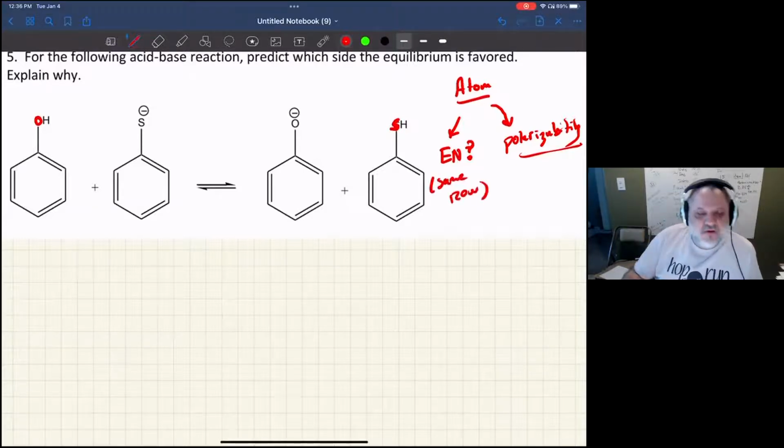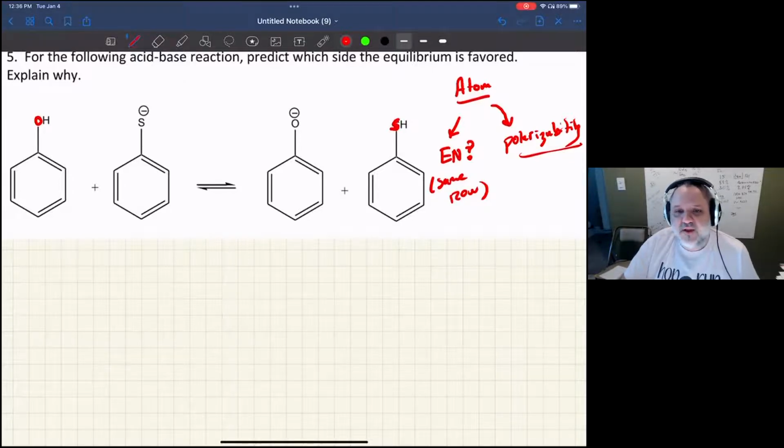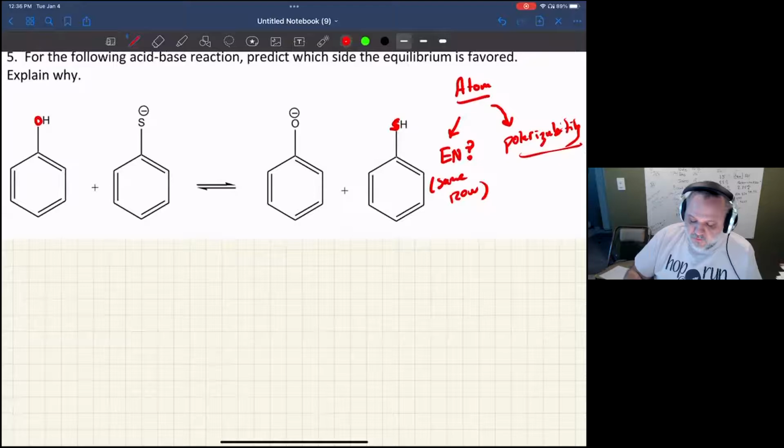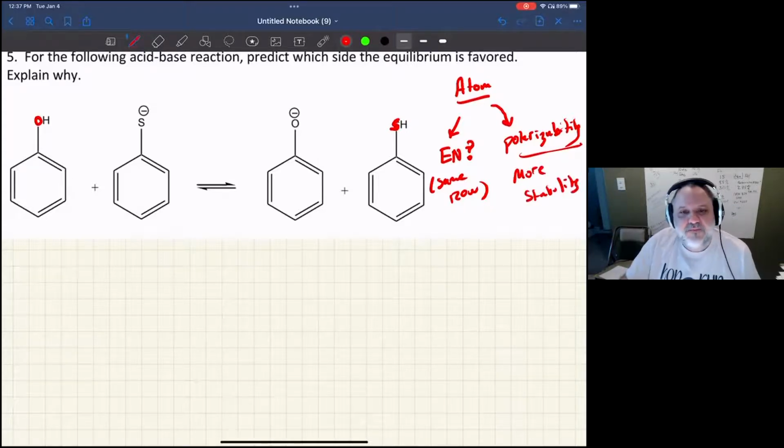But sulfur and oxygen aren't on the same row. They're in different periods of the periodic table. So we can't really just say electronegativity. We have to think about which one is more polarizable, because polarizability means more stability. It's more stability for the negative charge.